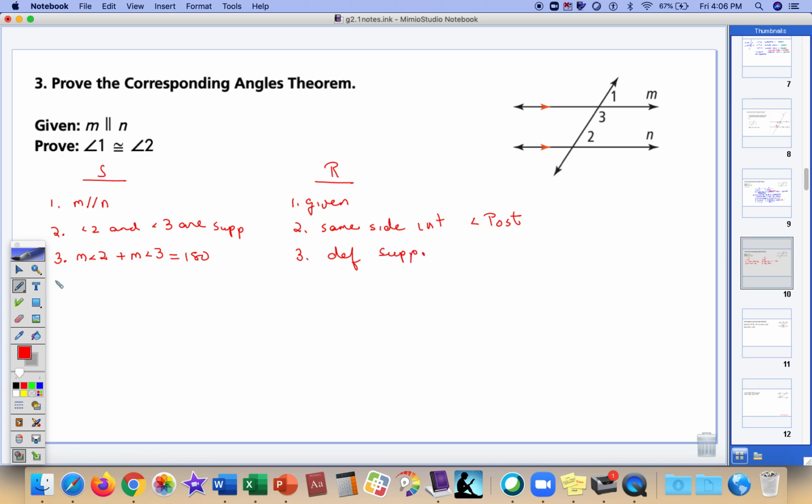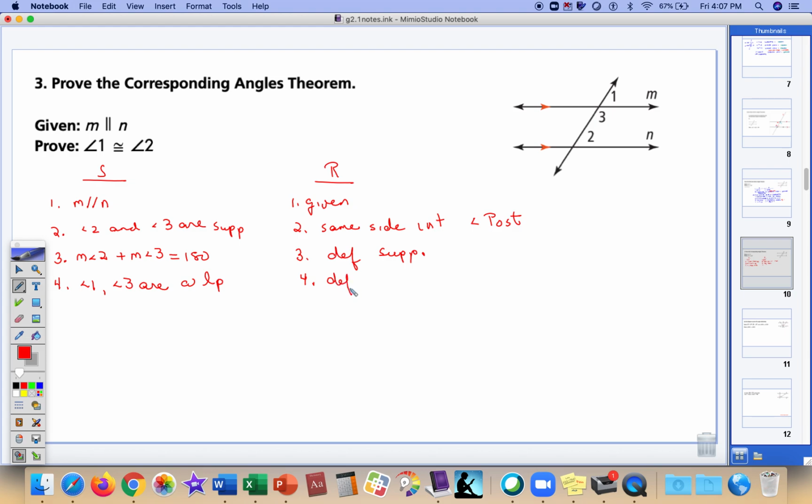All right, I can also say that angle 1 and angle 3 are a linear pair. And when you can just see it like that, you can say that's because of the definition of a linear pair.